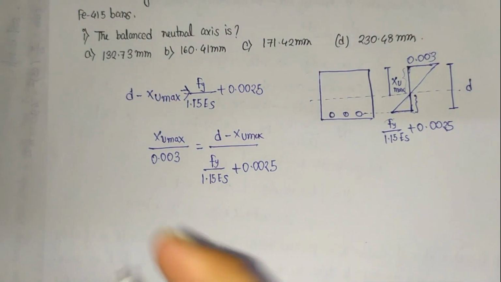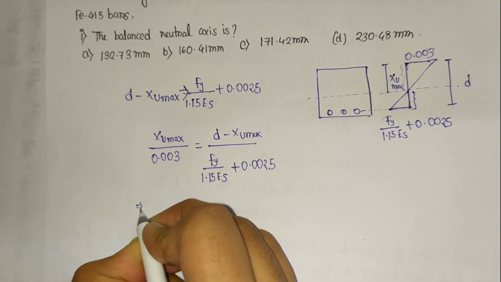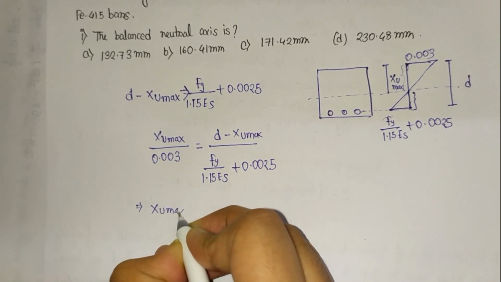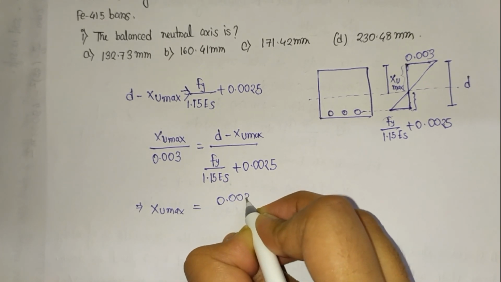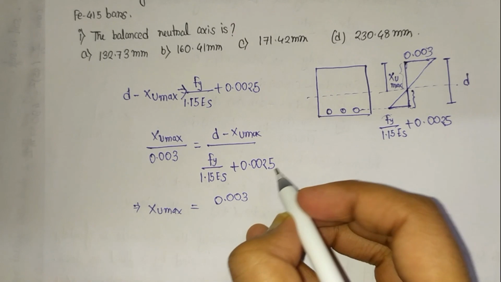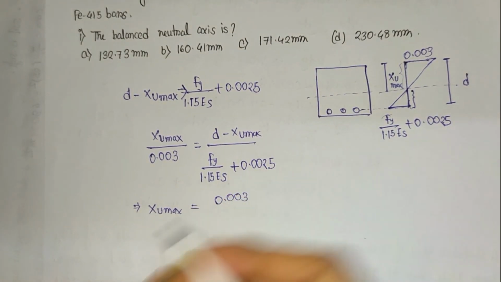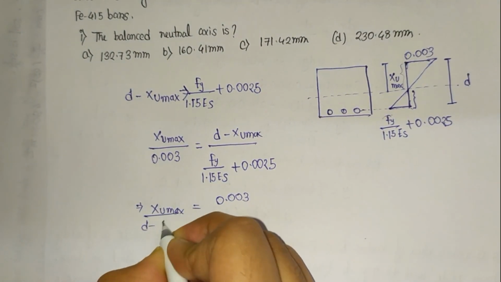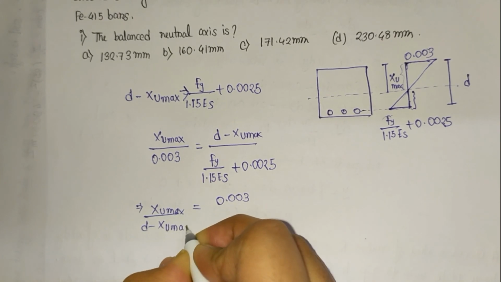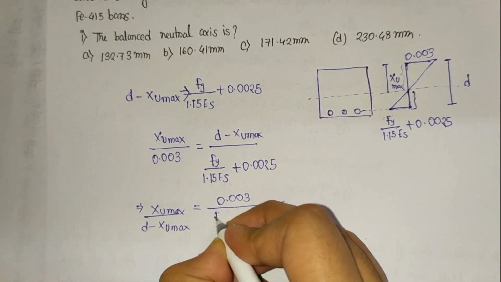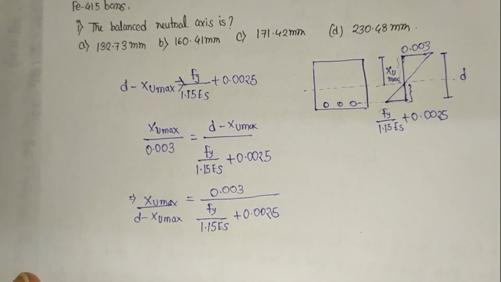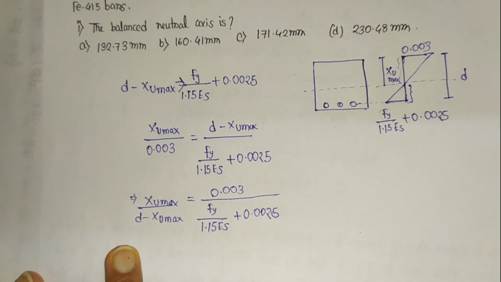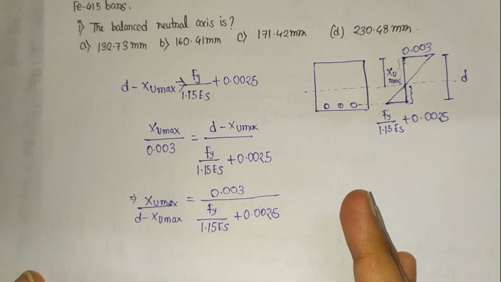Now we put all xu max on the left hand side and the rest on the right hand side.